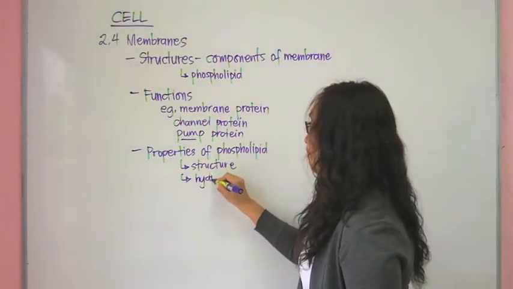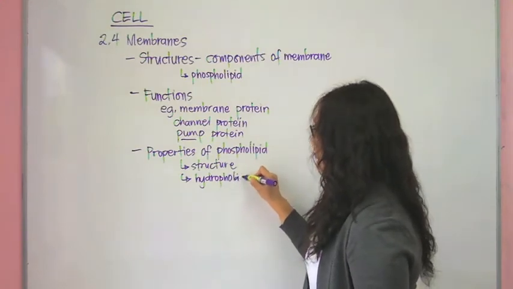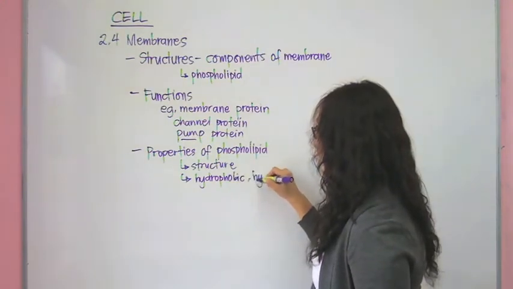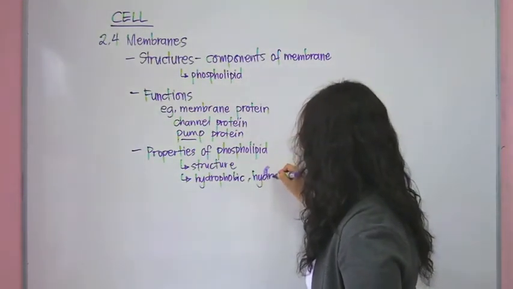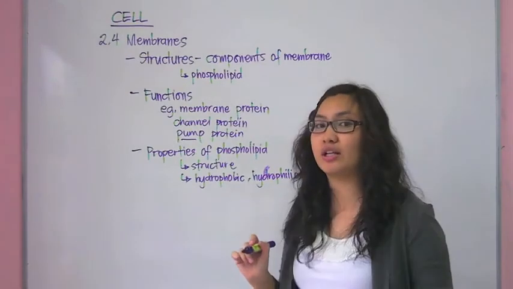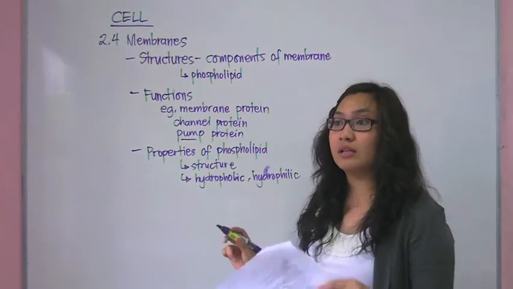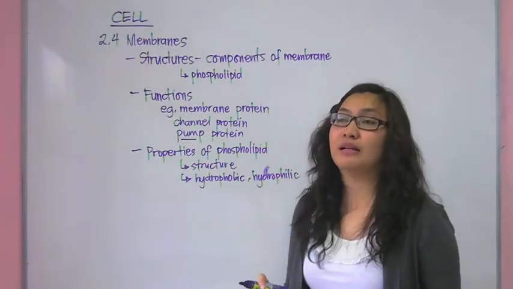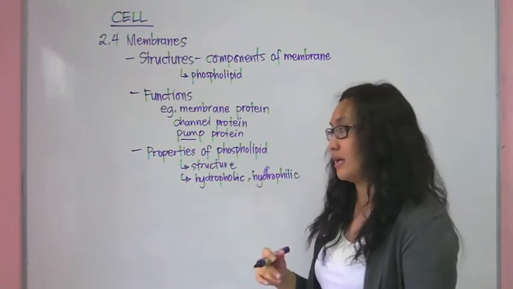Okay? By having these hydrophilic and hydrophobic properties, we can come to the conclusion that the cell membrane, or the plasma membrane as a whole, is a semi-permeable membrane that only allows certain substances to enter or exit the cell.